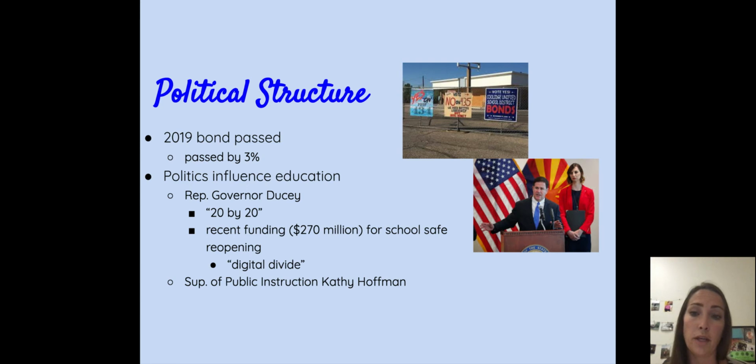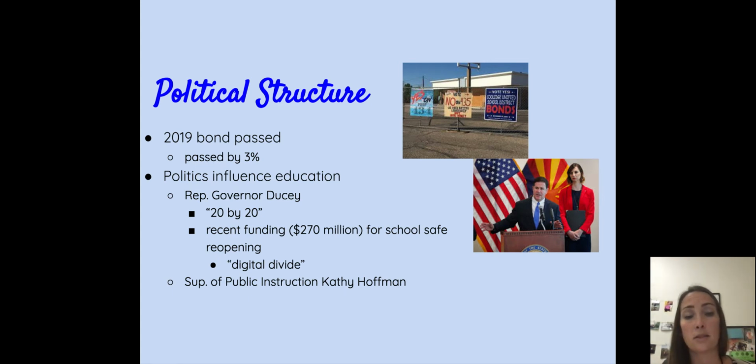At the state level, they do a lot for funding for public education. Governor Ducey, about 5 years ago, did the 20 by 20, which was that teachers would receive an overall raise of 20% by 2020. This past year was our last year for that.